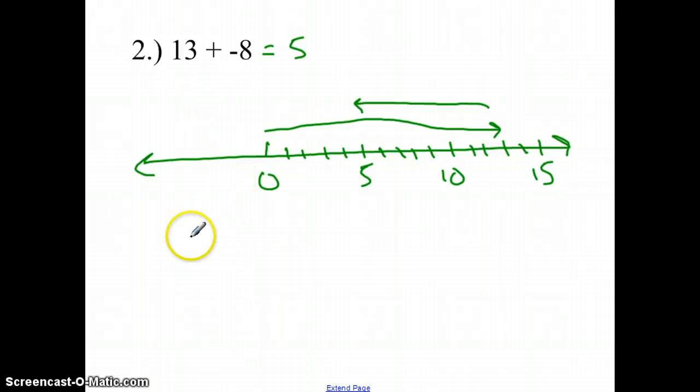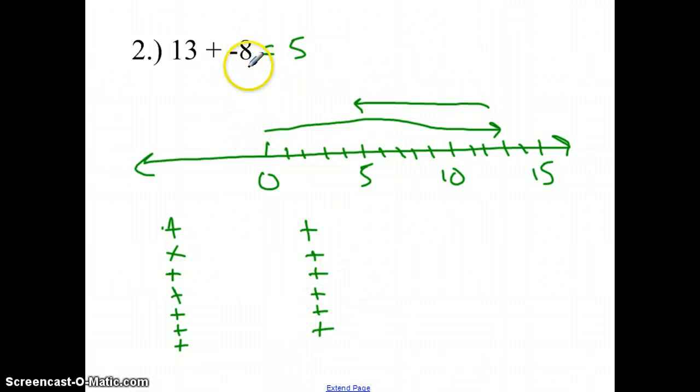You could also do the algebra tile approach, where I'm just going to put pluses and minuses. We start with 13, so we're going to have 13 pluses here. 1, 2, 3, 4, 5, 6, 7, 8, 9, 10, 11, 12, and 13.